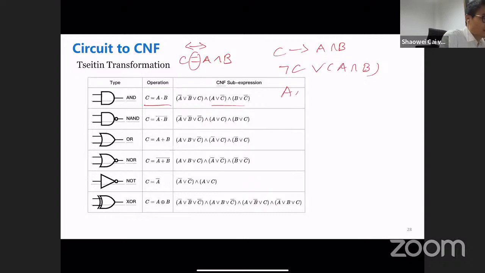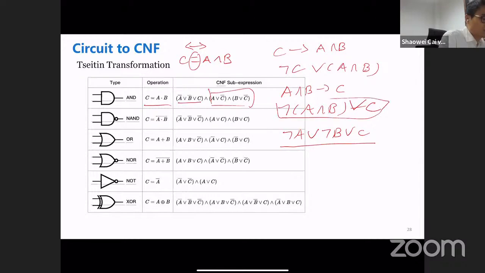And the other side, A and B implies C. So we have not (A and B) or C, so this is not A or not B or C. Okay, so we have this as the first clause, and these two are the distribution of the other clause. So we can transform the AND gate into 3 clauses. And now the NOT gate is similar here. It's very similar.